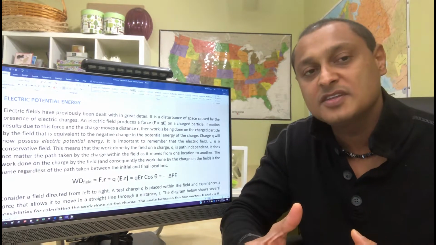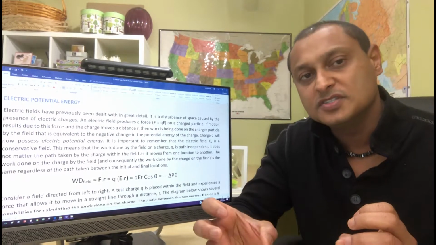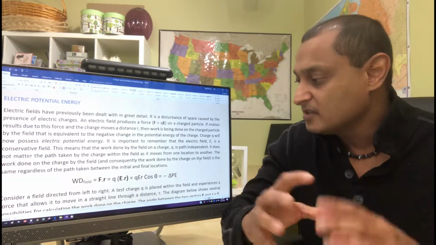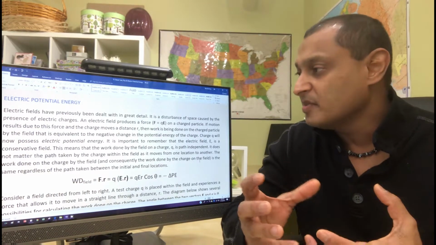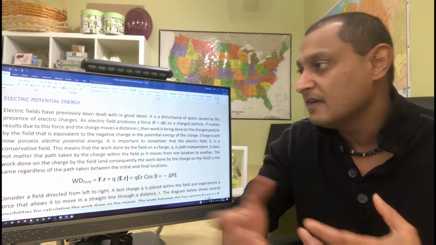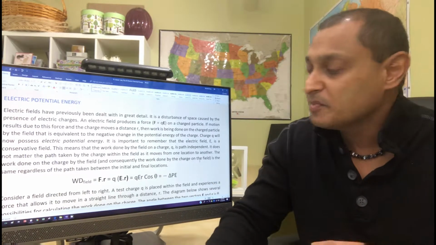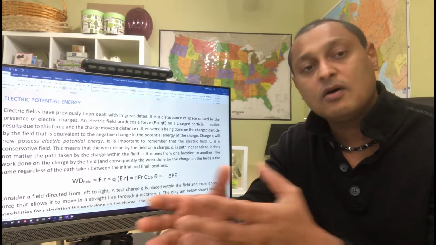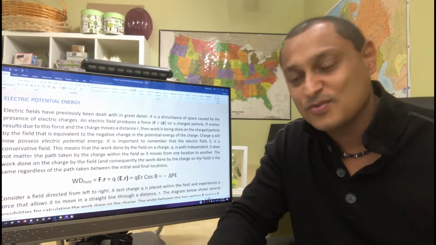The electric potential energy, which has to do with a system of charges. One charge references another charge, and that's your system of charges. And it talks about the energy within the system. So you need multiple charges to have this make any sense. So with electric potential energy, work is done by an electric field on a charge, and that charge can now also do useful work in its own right.